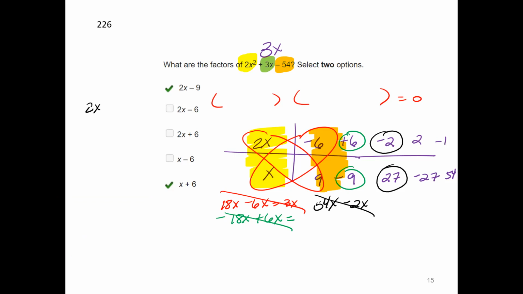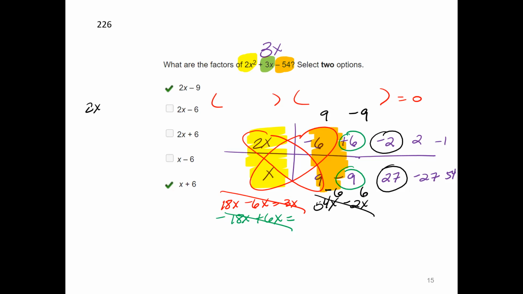Well, think of other ones. Maybe what if I decide to switch this? Like if I put, instead of a 6 and a 9 here, what if I put the 9 up here and maybe a negative 6 down here? Or if I put a negative 9 up here, maybe a positive 6 down there. Do you see how you just switch them as well, you guys?